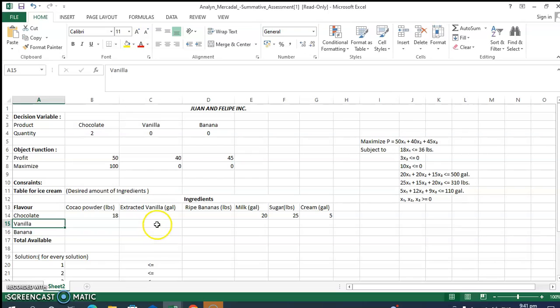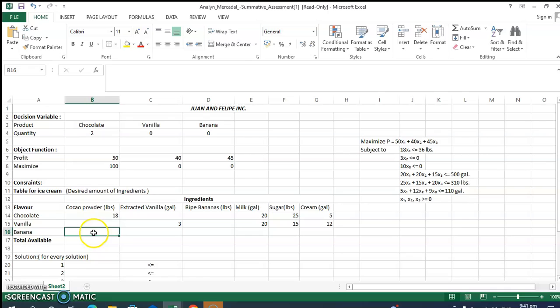So next is for vanilla. Vanilla needs ingredients of 3 gallons of extracted vanilla and 20 gallons of milk, 15 pounds of sugar, and 12 gallons of cream.